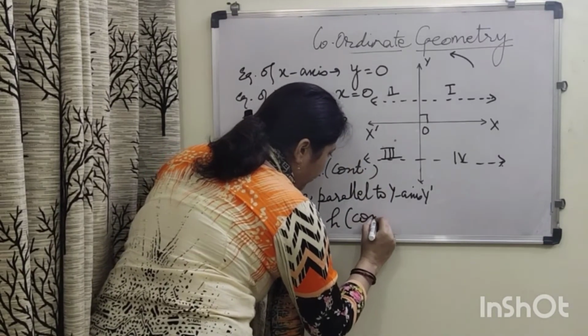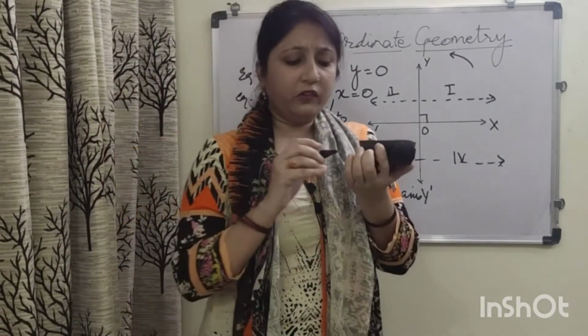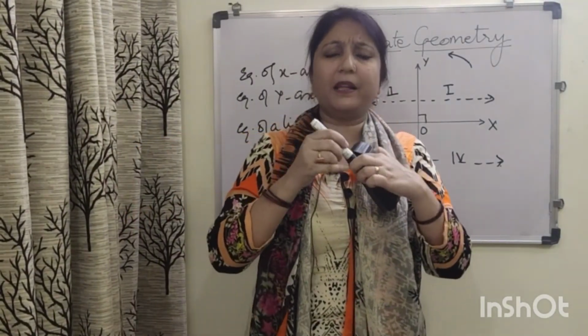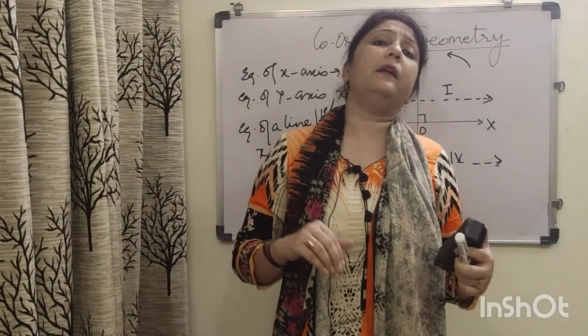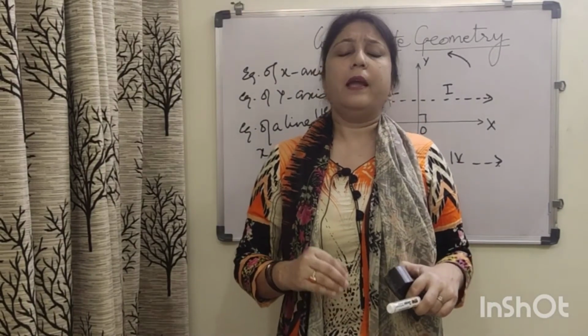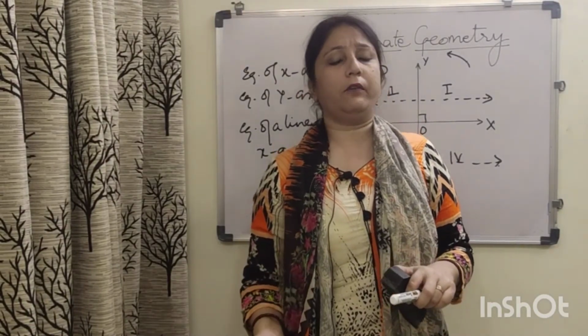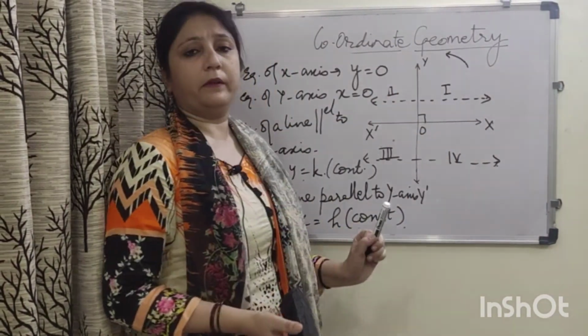What are they, children? They are constant values. What are constants in mathematics? Constants are simple numerics. This value of h or k can be positive as well as negative. So you have to remember this thing.